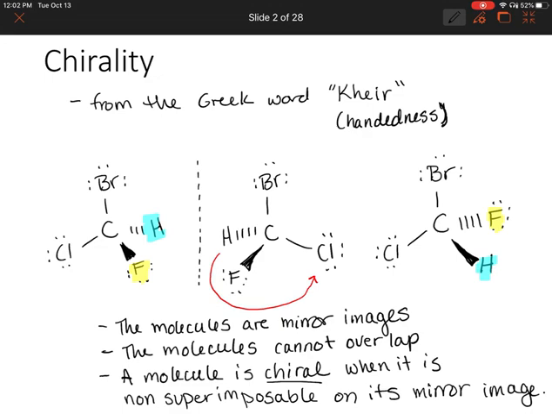Enzymes have chirality. So enzymes need a very specific conformation of a molecule in order to function. Additionally, some amino acids are chiral, so they have a left hand and a right hand. And there are many other examples as well. So this is a really important part of chemistry, is understanding when a molecule is chiral and when it is not chiral.